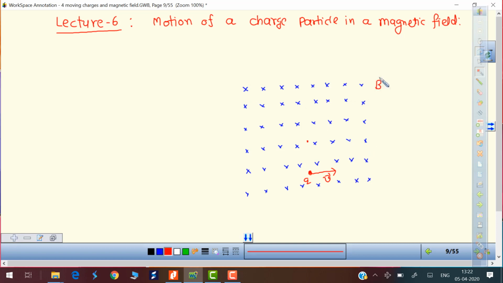Magnetic field B is in the inward direction. This cross shows it is in the inward direction.